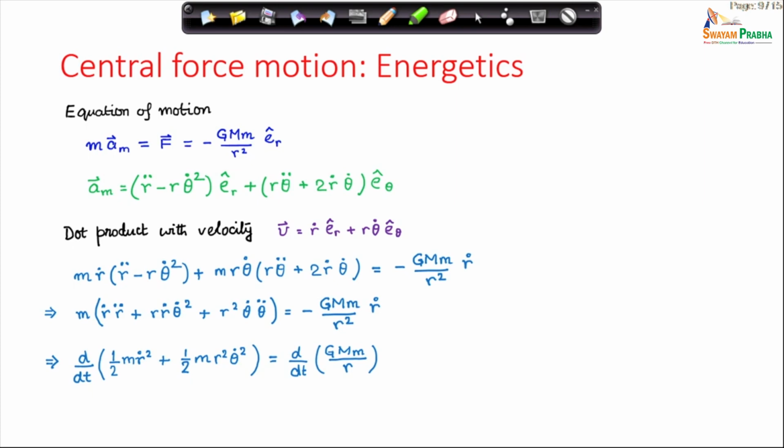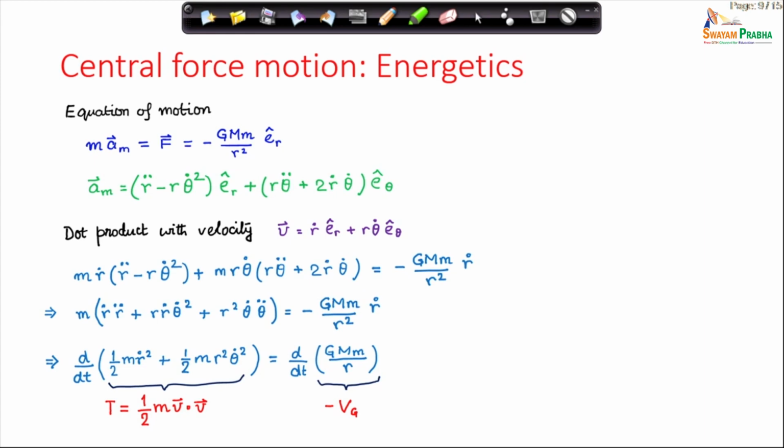Therefore, this d dt of the kinetic energy is equal to the work done. Now, it so happens that the right hand side can be recast as d dt of G M m by r, G capital M times small m by r. And because of this I can take it to the other side.